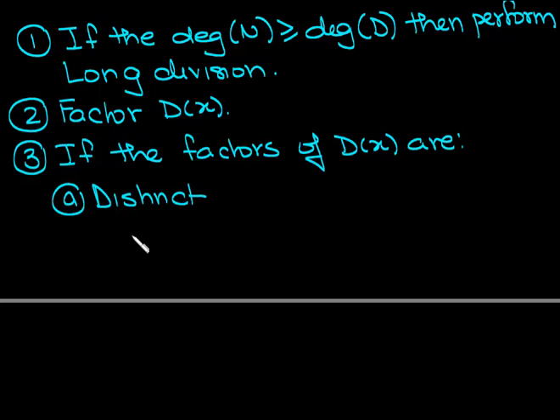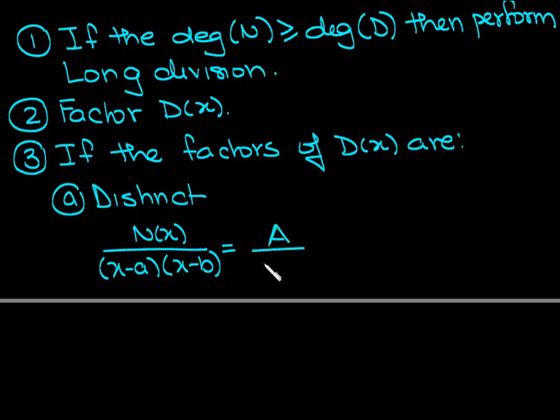For example, we might have n of x on the top, and in the bottom x minus a, x minus b, some two factors. Then this rational expression breaks into some constant capital A over the first factor plus some constant capital B over the second factor. So that's how we break it.